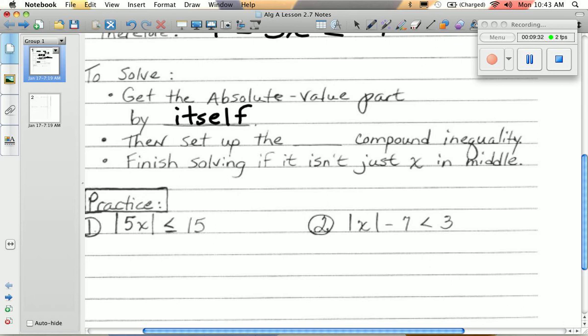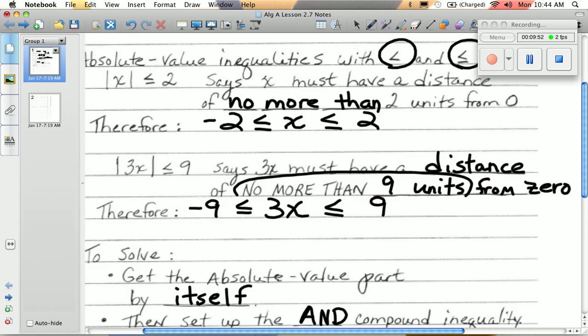Then we will set up our and compound inequality, because we're only working with those kind today, is less than or equal to. And then we'll finish solving it if it isn't just x in the middle. So in other words, up here, in this one, we would have been finished because it's just x in the middle.